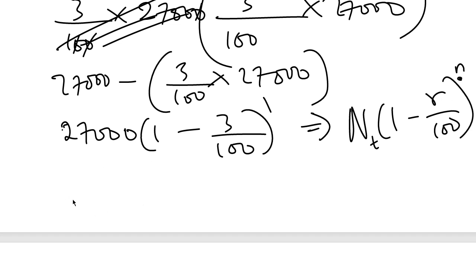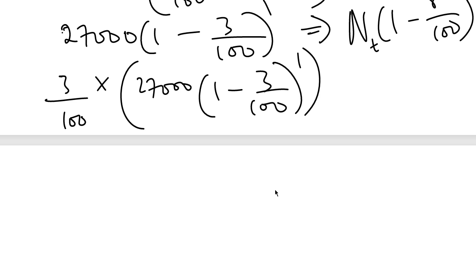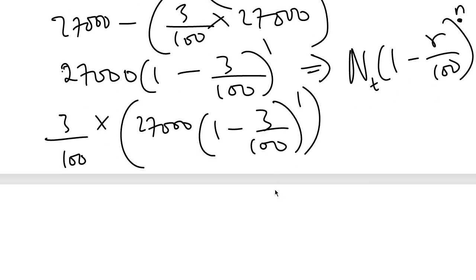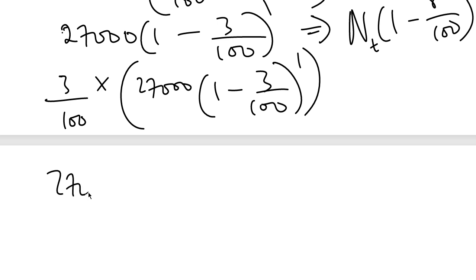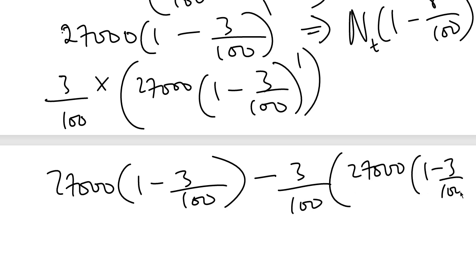This is the amount for the first year. For the second year, we're going to have 3% of 27,000 times (1 minus 3 over 100) to the power 1, and then we subtract it from 27,000 times (1 minus 3 over 100). So that's 27,000 times (1 minus 3 over 100) minus 3 over 100 of 27,000 times (1 minus 3 over 100).